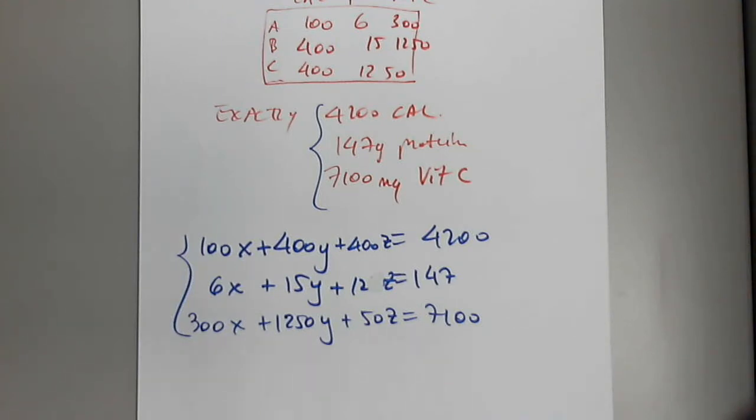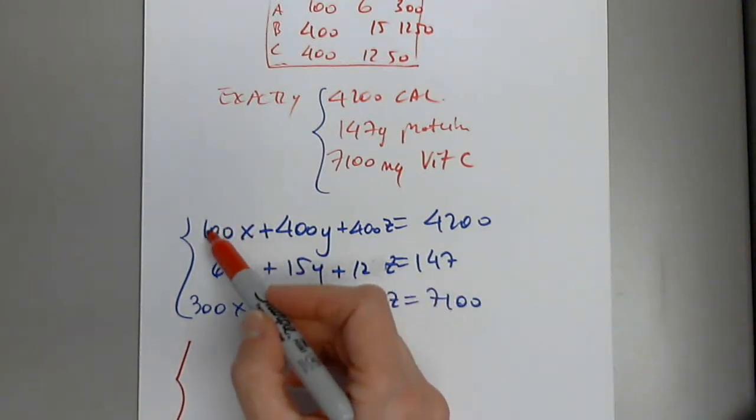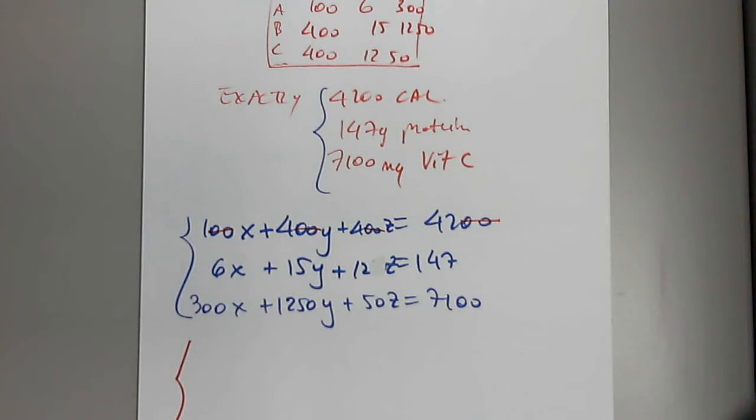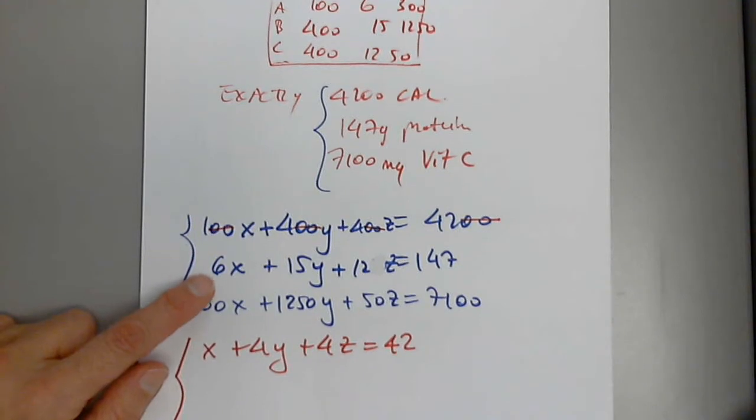Okay, so now I'm definitely going to try to simplify as much as possible. These numbers are impossible to work with, especially with the matrix, right? So let's give it a shot. I can divide both sides by 100, so the first equation becomes x plus 4y plus 4z equals 42. Then let's see if I can simplify the second by 3. Yes, I can.